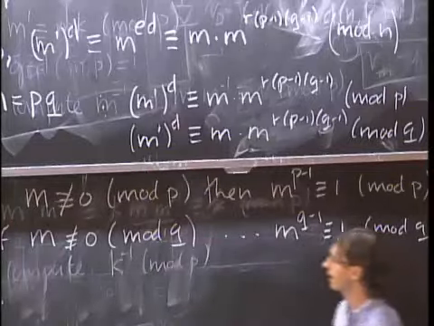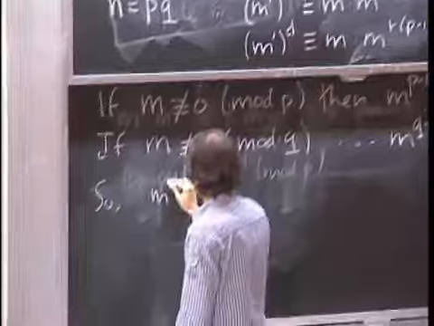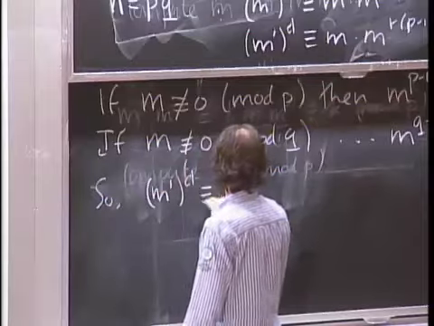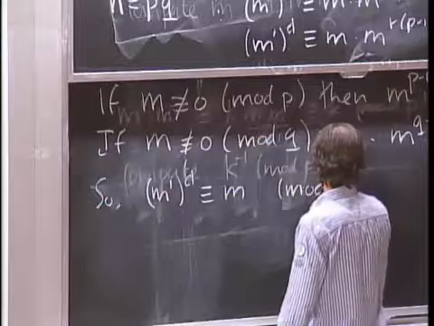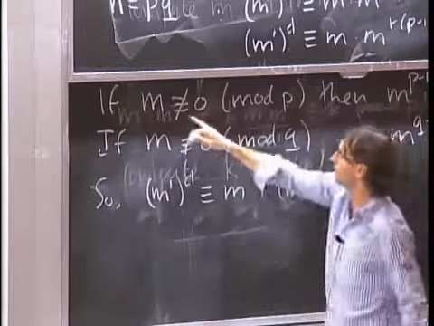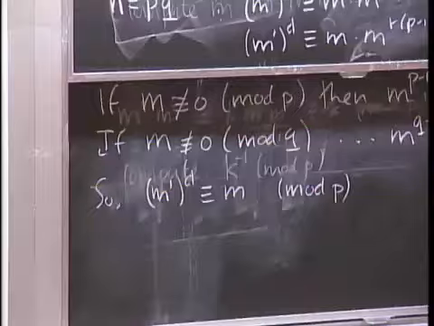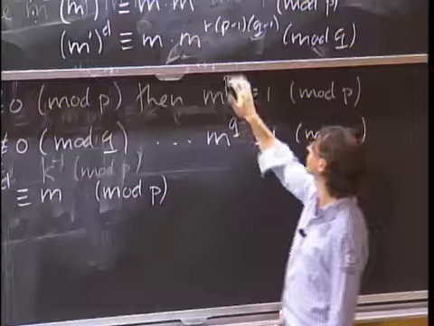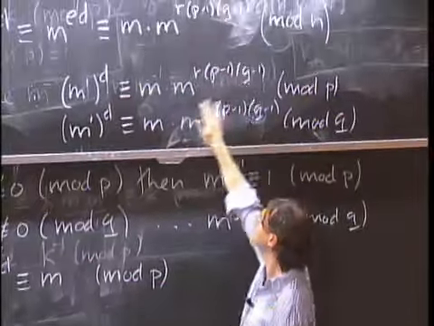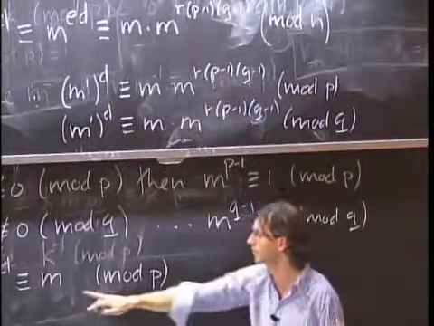So we have that m prime to the power d is congruent to m modulo p if m is not congruent to 0 modulo p, right? Because if m is not congruent to 0, we have this particular equation, we plug it in over here, this all cancels, and we just are left with m.